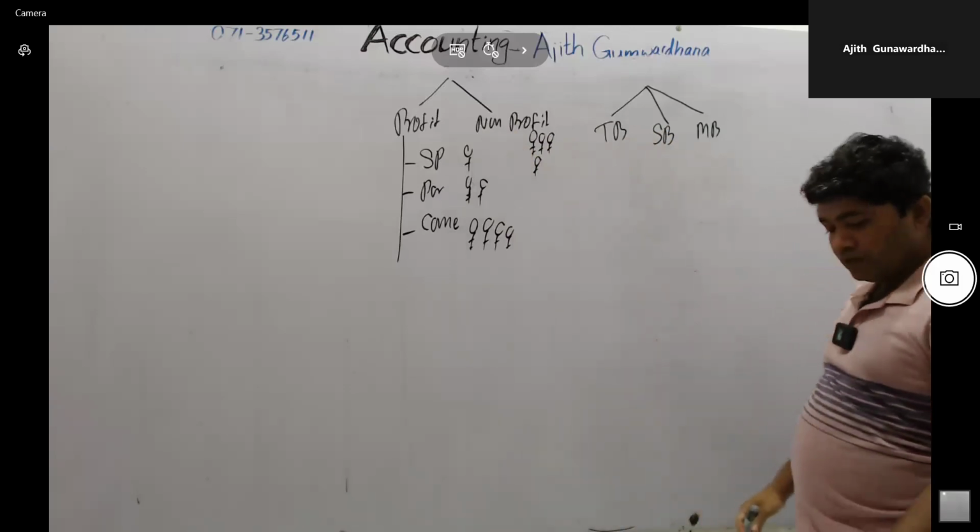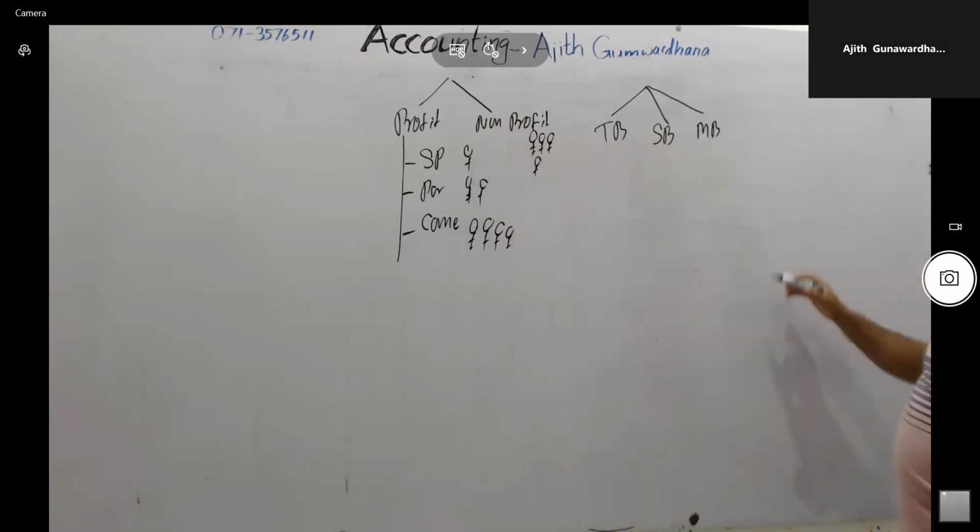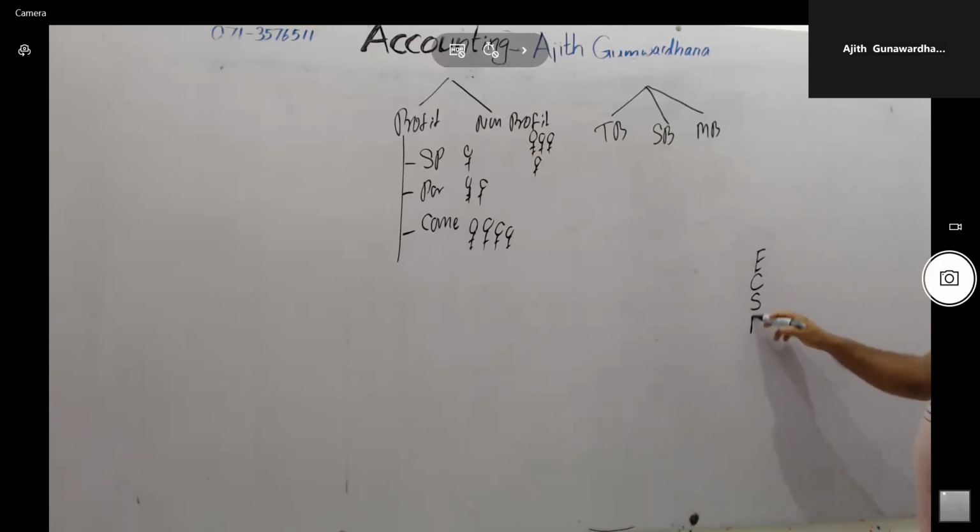Our duty in accounting is to provide information to the interested parties: employees, customers, suppliers, managers, financial institutes, as well as government institutes. Those are the interested parties of the business organization.